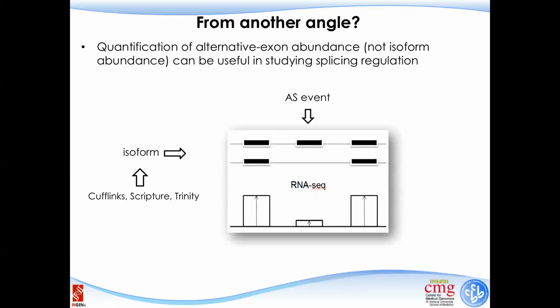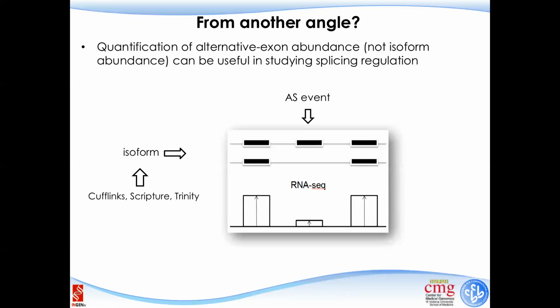And then we talked about a kind of method named the alternative splicing event identification methods, which treats alternative splicing from another angle. Sometimes we don't need to call all the isoforms, especially if we just want to study what regulates alternative splicing. Also sometimes we just want to see the difference between two conditions, say using supervised or unsupervised training.